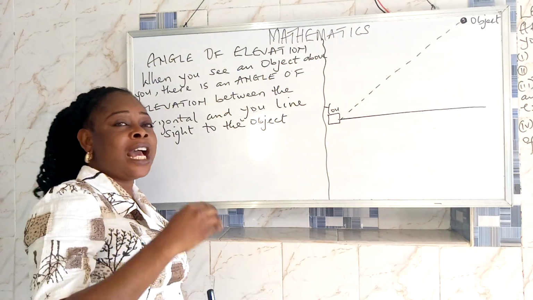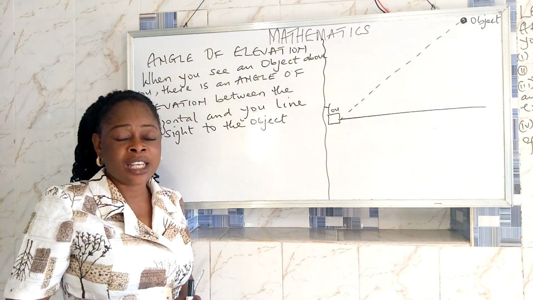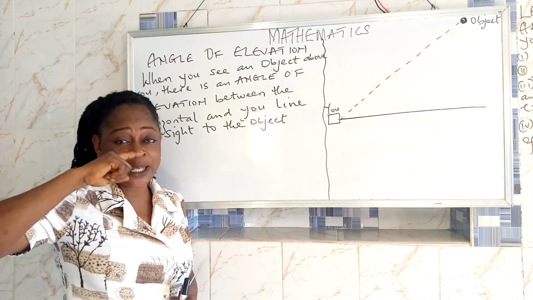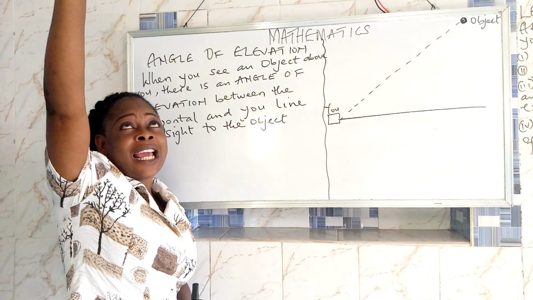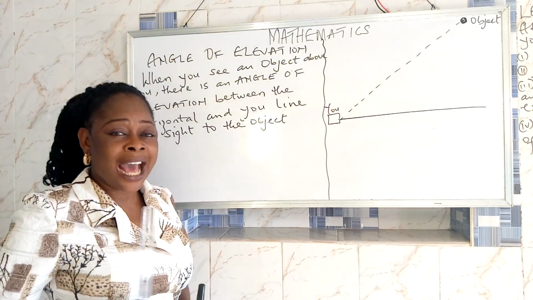Let's say, as I am now, if I'm looking straight, that's the horizontal line. If I raise up my head, there's another line, that is the line of sight. The angle that is formed between them is what is called angle of elevation.